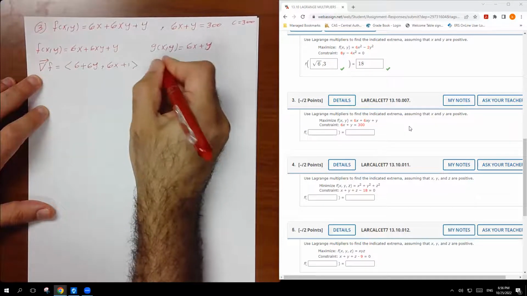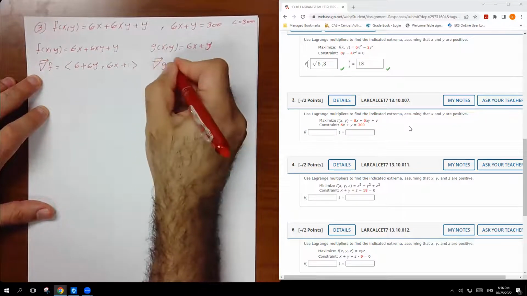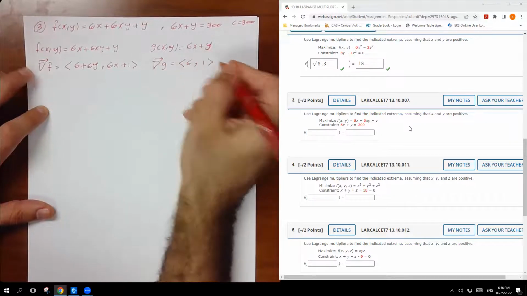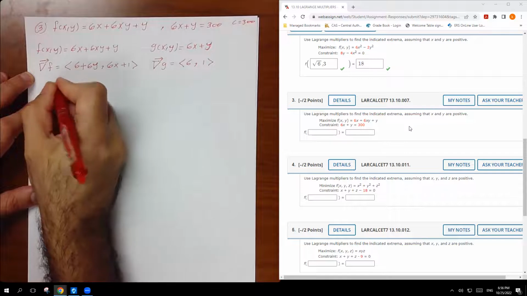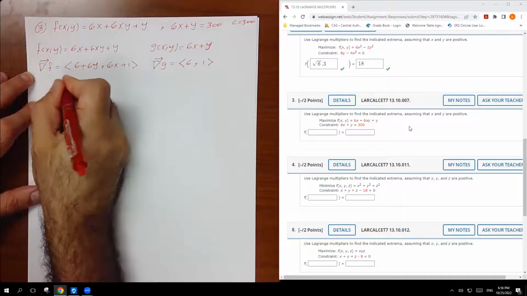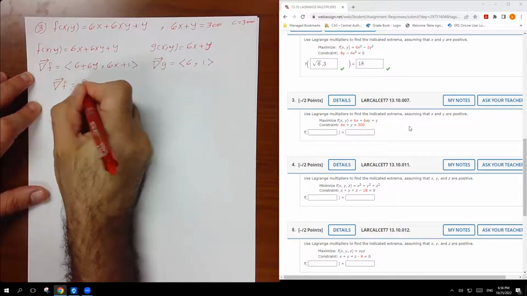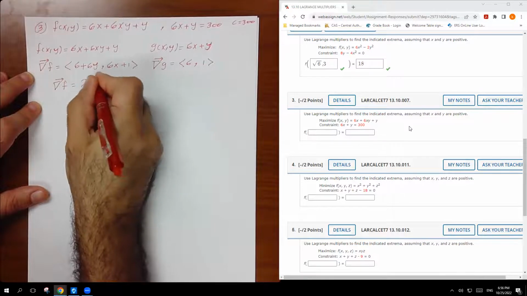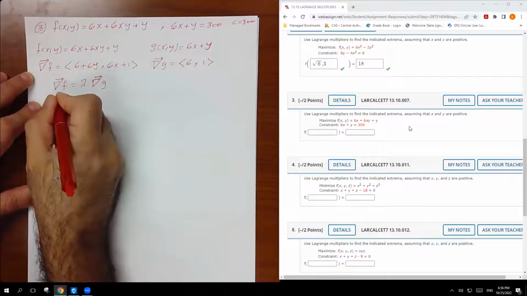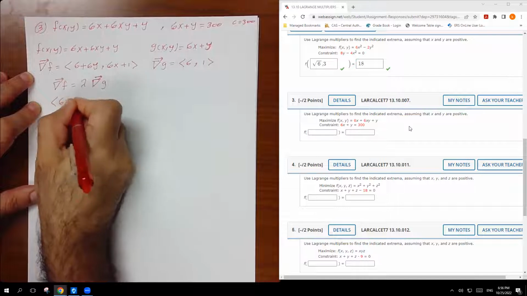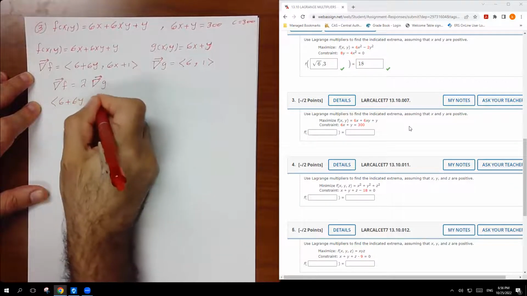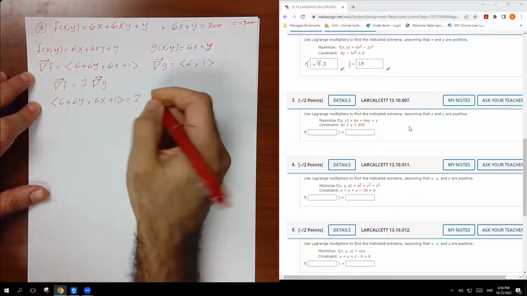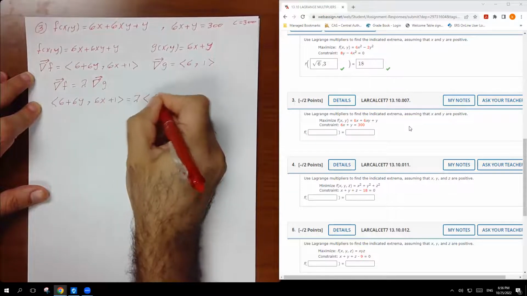The gradient of g, with respect to x is 6, and with respect to y is 1. Now the gradient of f equals lambda times the gradient of g, which means 6 plus 6y and 6x plus 1 equals lambda times 6 and 1.